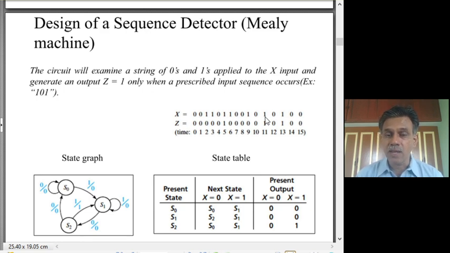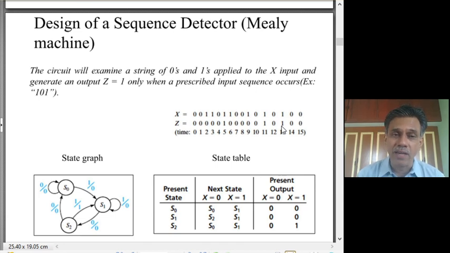One, the last bit of a pattern has occurred, so you should output 1 accordingly, and this bit 1 can also be the first bit of a new pattern. Whether it is a pattern or not will only be evident after you receive two more bits, but you should also remember that. So this is what this example reveals.